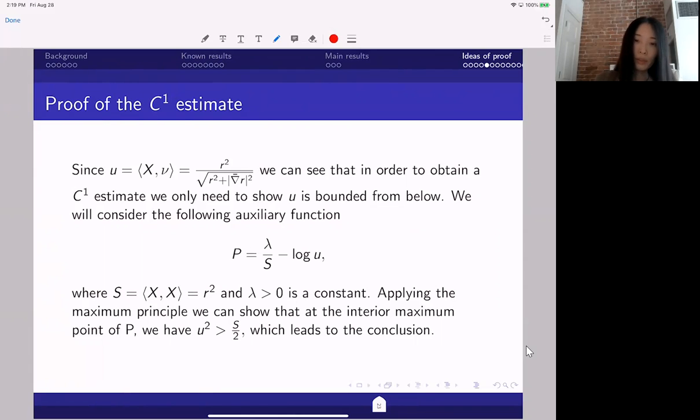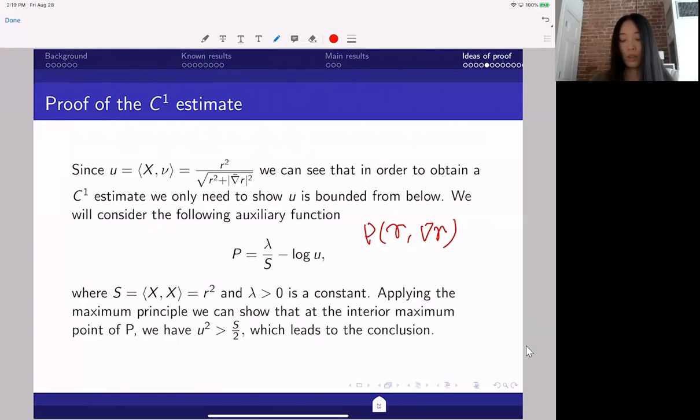Roughly speaking, in order to get a C1 estimate, the auxiliary function usually includes terms from C0, in this case r squared. So our auxiliary function is a function of r and gradient r.